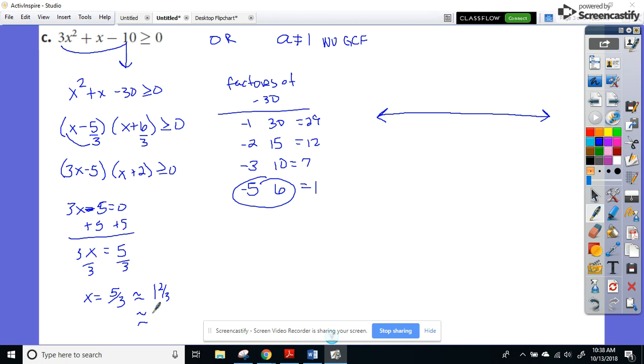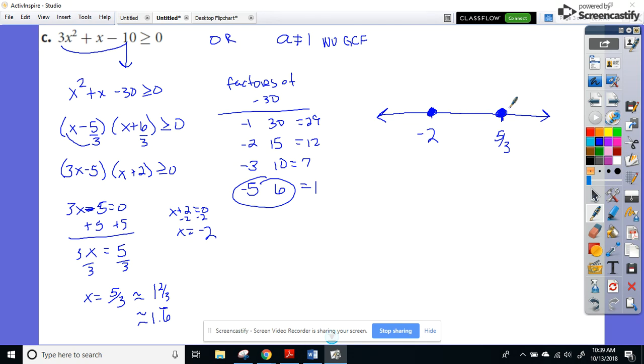So we're talking about around 1.6-ish. And the other one, x plus 2, set that equal to 0, subtract 2 from both sides, you get x equals -2. So -2 goes here, 1.66-ish goes over here. And there's a bar, so it's a filled-in dot.